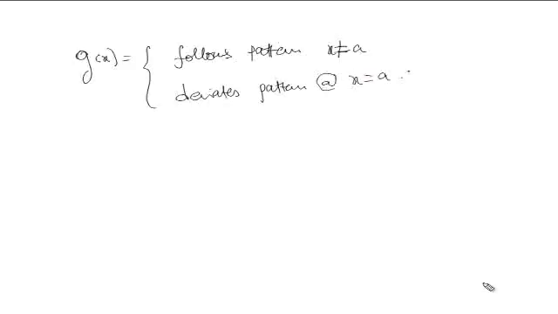That is, it looks like this. The whole function is following this pattern, only at x equal to a we have a spike.